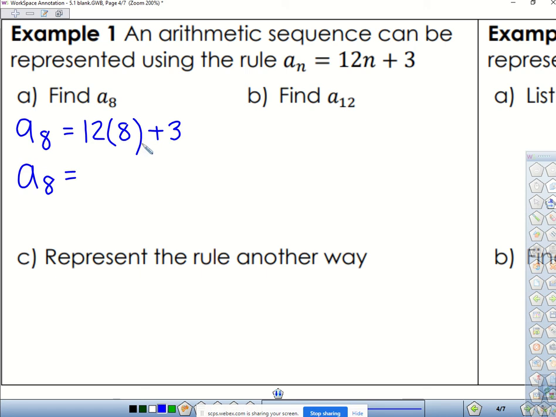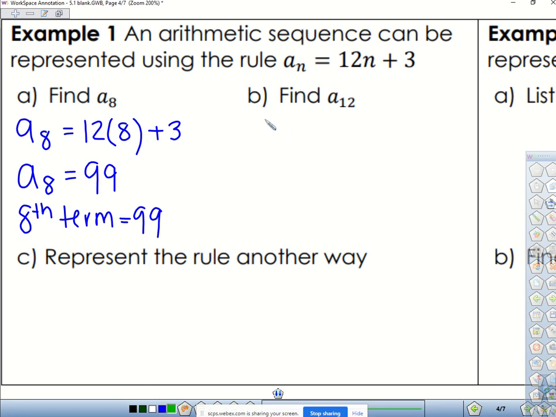So 12 times 8 is 96. 96 plus 3 is 99. So the 8th term is equal to 99. Does everybody see how I got that? Okay.